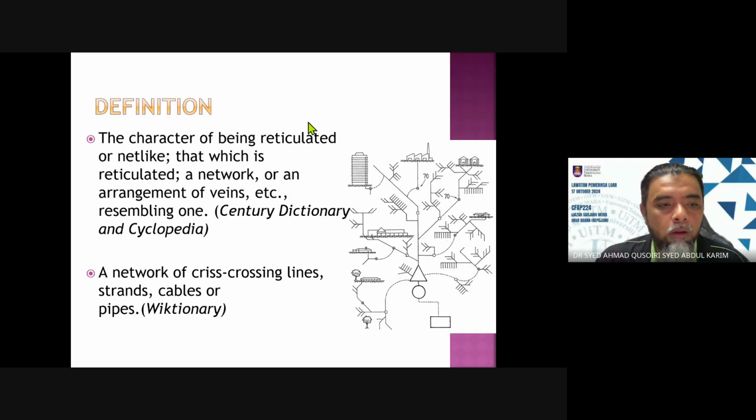A network or an arrangement of veins, etc. So we have to provide a network of pipelines so that the water can be sent to where it is needed. So the word also means a network of crisscrossing lines, strands, cables, or pipes.